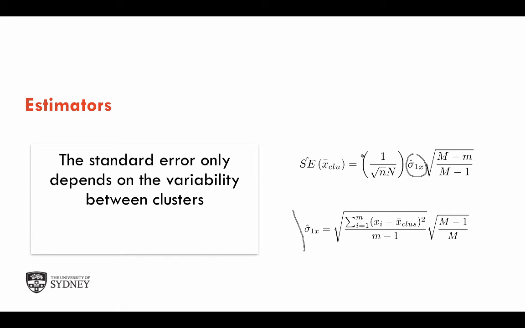So basically for the standard error, so for the sampling variability, the variability within clusters doesn't contribute to the standard error, and the reason for this is because the entire cluster is selected for the sample, okay? So there's really no sampling variability arising from within the cluster, because the entire cluster is selected. So the standard error is only going to depend on the variability between clusters.